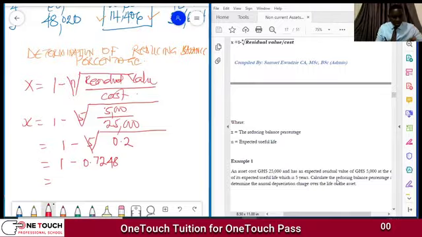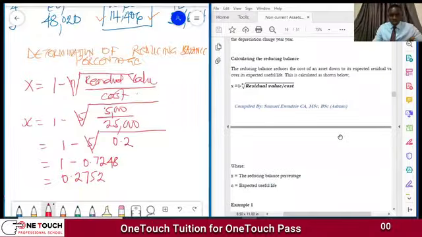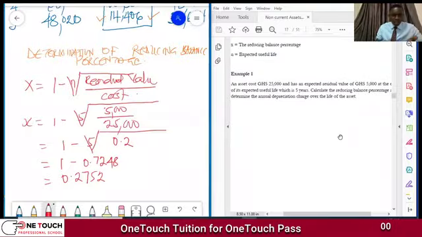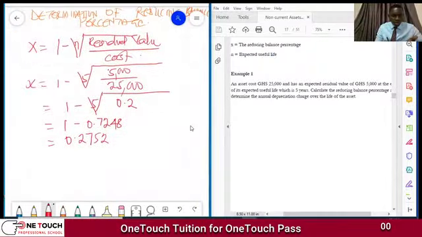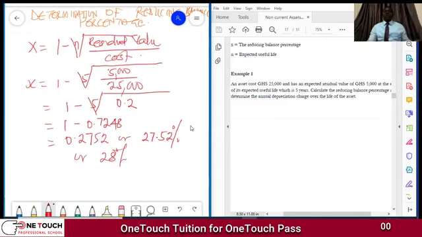That gives me 0.2752. Multiply that by 100, and that gives us 27.52%. Or we approximate it to 28%. Okay, good. So we have 28%.